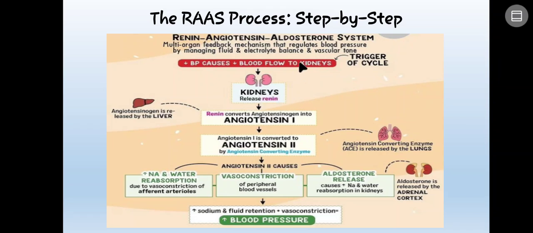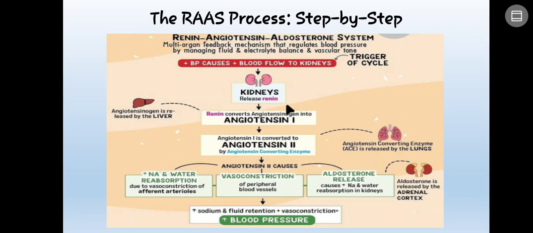The same way, if your blood pressure is increasing, sympathetics will not be stimulated. So the juxtaglomerular cells will also not be stimulated. And if your blood pressure increases, filtration will increase, and then sodium concentration in the distal tubules will increase. So the macula densa cells would detect increased sodium concentration, and therefore renin will not be released.